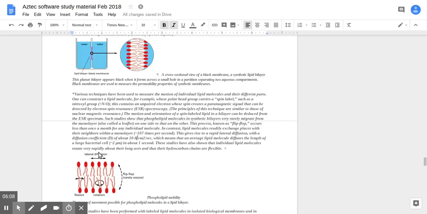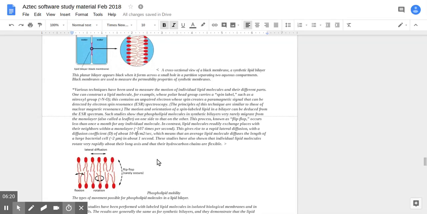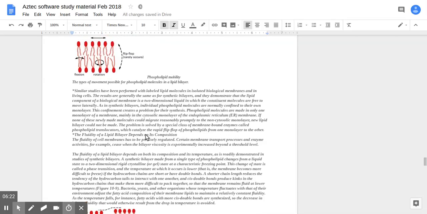These studies have shown also individual lipid molecules rotate very rapidly about their long axis and that their hydrocarbon chains are flexible. So in the diagram, you can see that rotation occurs, flexion occurs, lateral movement of the molecules. However, flip-flop across the bilayer rarely occurs. So this shows the phospholipids' mobility and the types of movement that are possible for phospholipid molecules within the bilayer.